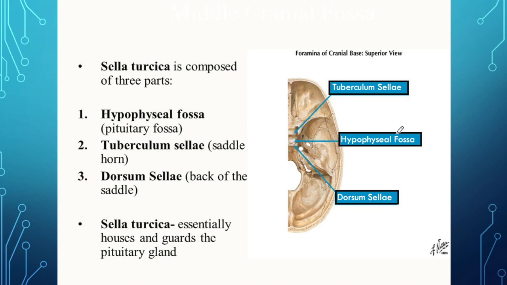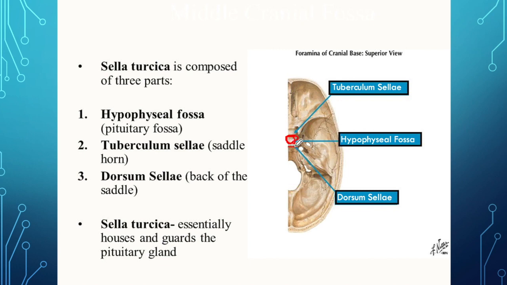So the sella turcica is composed of the hypophyseal fossa, this fossa in the middle. This is also known as the pituitary fossa. Anterior to it is the tuberculum sellae, a bony protuberance. Posterior to the hypophyseal fossa there is another bony protuberance, the dorsum sellae.